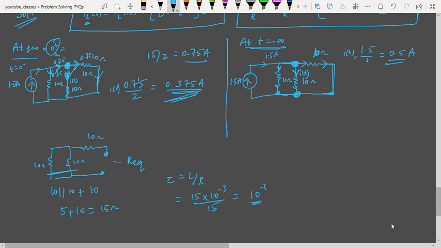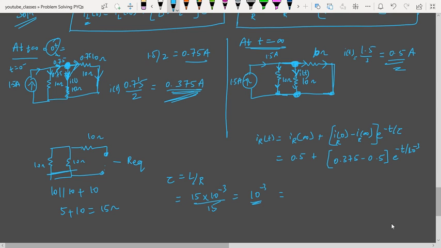So let's put all that in our equation. IR of t equals IR of infinity plus, IR of 0 minus IR of infinity, whole into e power minus t by tau. It's easy to substitute. Infinity was 0.5 amperes, so 0.5 plus, at 0 it was 0.375, minus again infinity 0.5, e power minus t by 10 power minus 3.